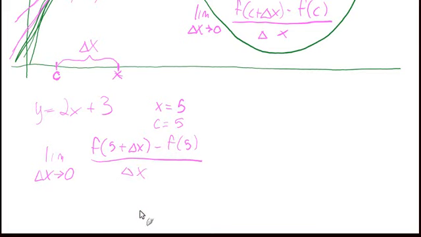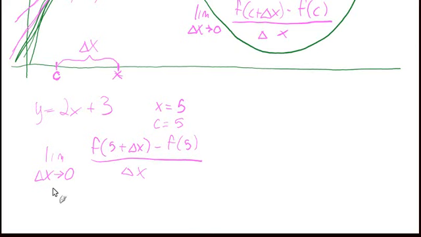Okay, and here's where limits come in handy, because I can't just put delta x in there, but I can hopefully cancel this out, which we've done before, in order to get rid of that problem 0 value. So we find some new function that agrees with this function at all but one point, and we have a limit that will tell us what we want to know. It'll tell us the value of this as delta x goes to 0.